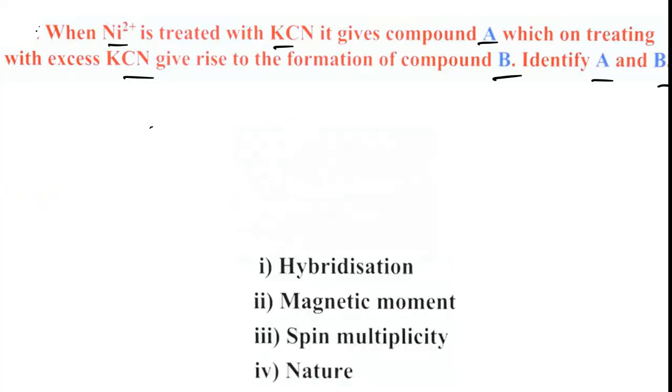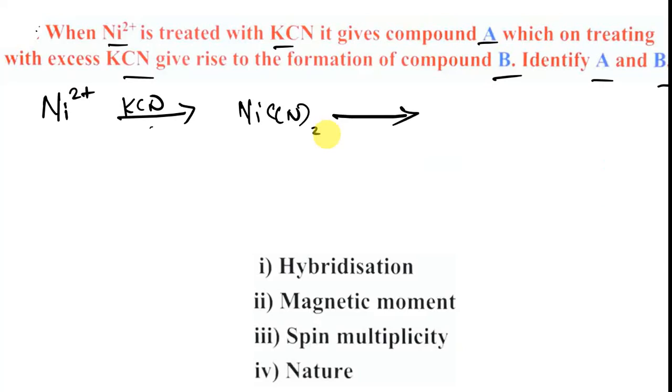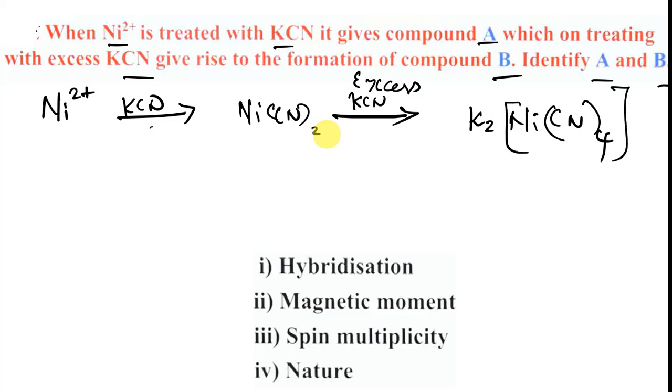Ni2+ when treated with KCN gives Ni(CN)2. With excess KCN, it gives K2[Ni(CN)4]. So the compound is K2[Ni(CN)4]. For this, we have to find hybridization, magnetic moment, spin multiplicity, and nature.